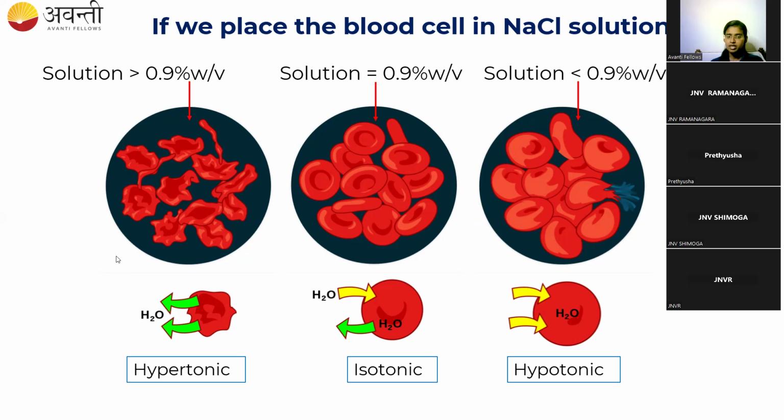So isotonic means in and out will be the same. Hypertonic means the water present inside the cell will go out and the blood cells will shrink. And hypotonic means the water present outside will come into the cell and the cell will bulge out.